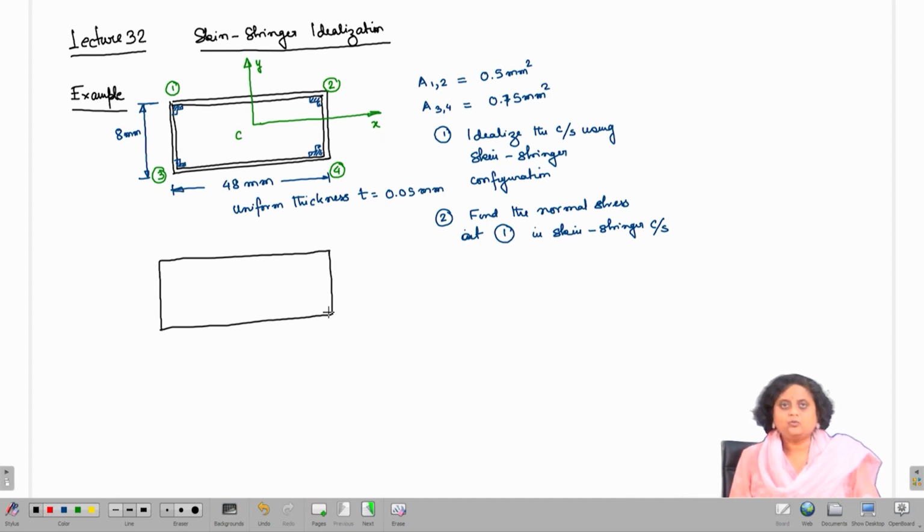Also, we know that the booms are usually placed at locations where there are stringers. Here we have stringers at all the corner points. So, as per the convention, we are going to place booms at all these corners.